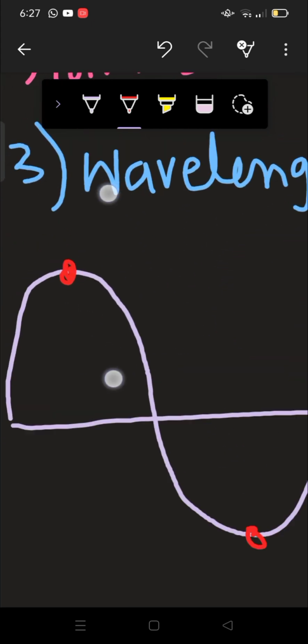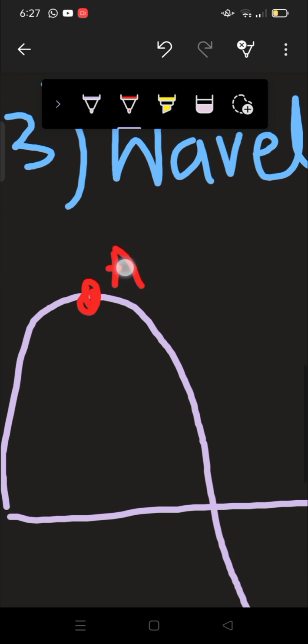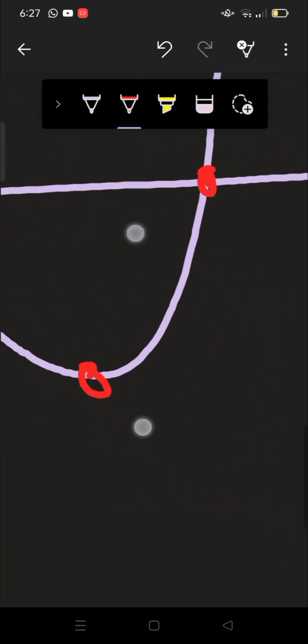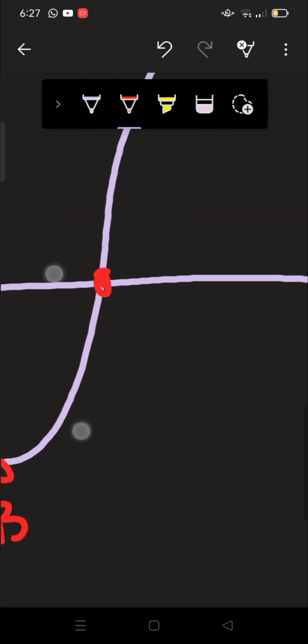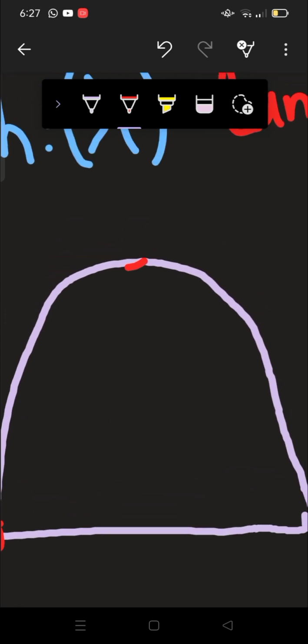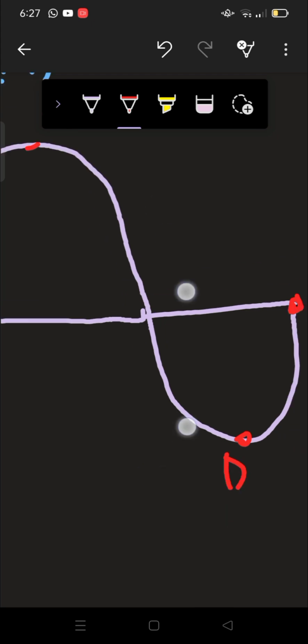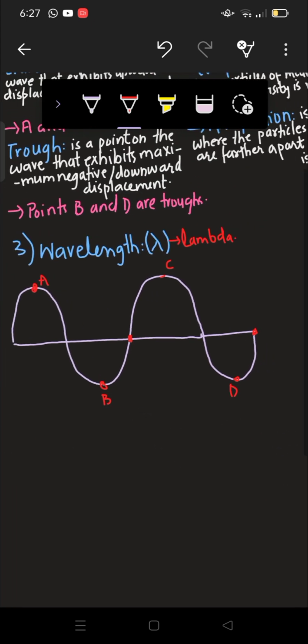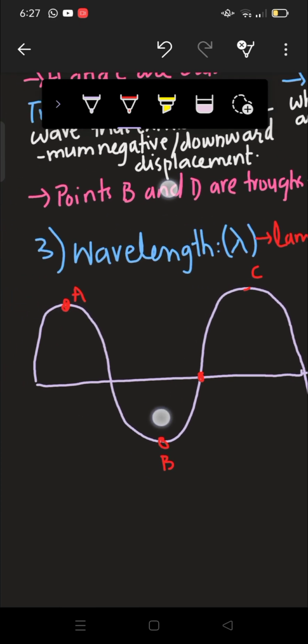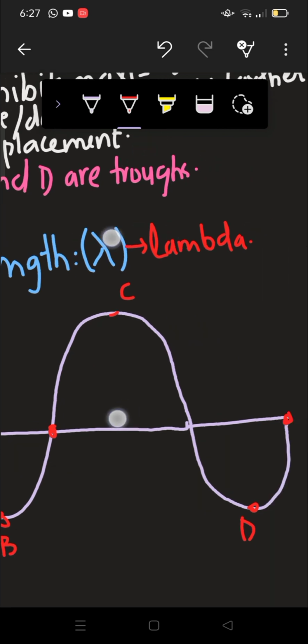This is point A, this I am making point B, then this is point C, and this is point D. It is simply the length of one complete wave cycle.